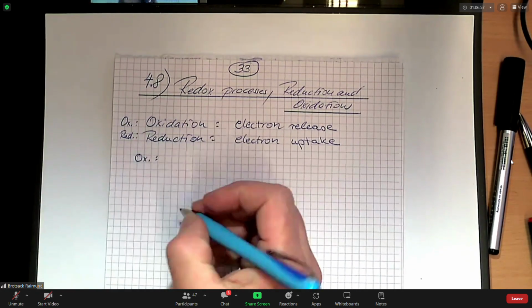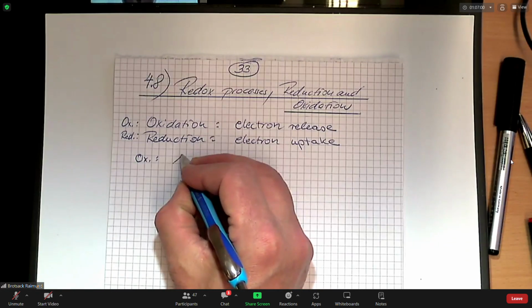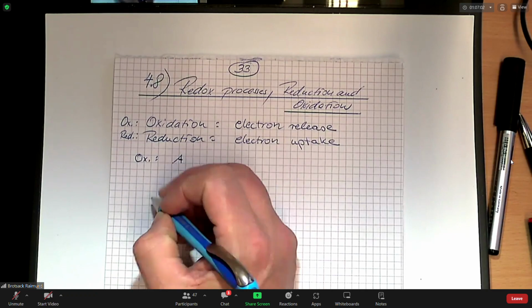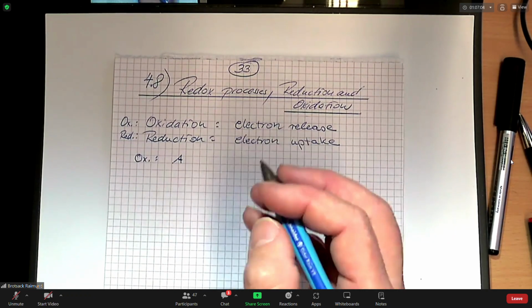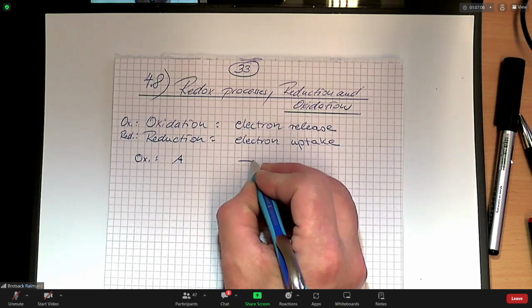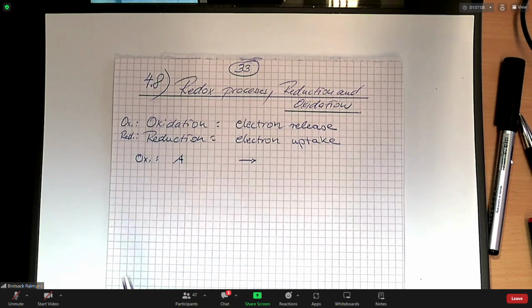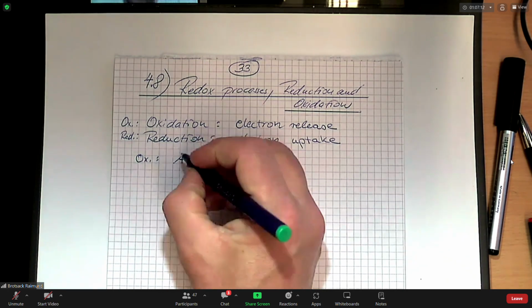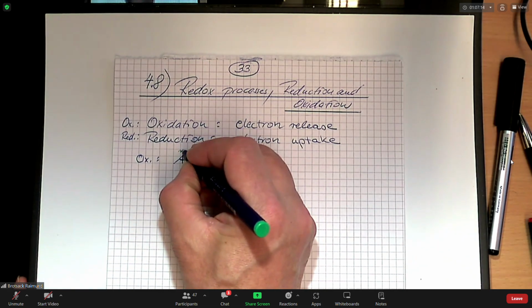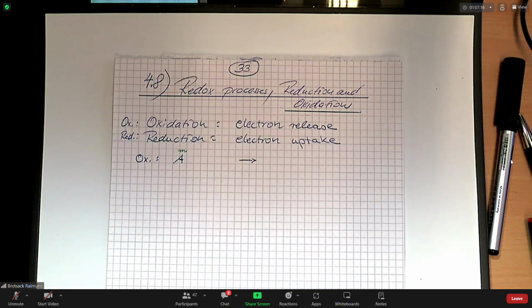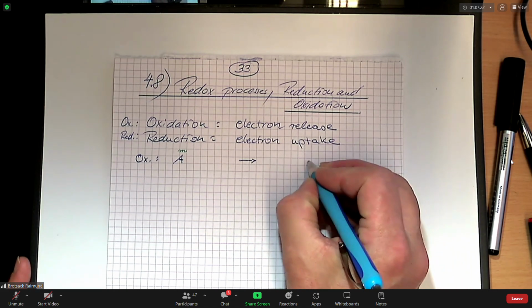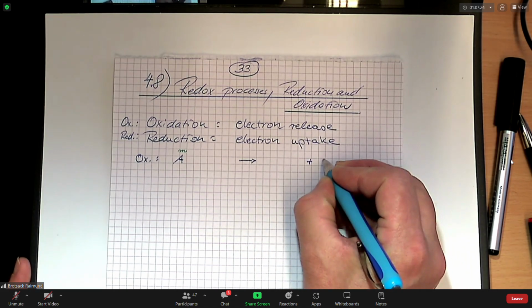For example, we have A, any molecule or element A, which is oxidized, and the oxidation number of A at the beginning is M. And we are losing or releasing Z electrons.